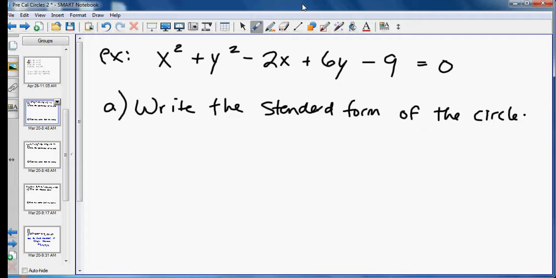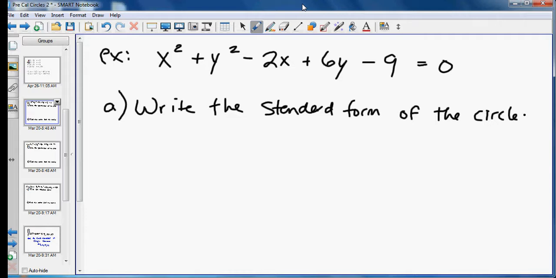That may seem like a pain right now, but the process is really exactly the same for all the examples I have. So the first step is to make sure we just have one x squared and one y squared. In other words, we don't want any coefficients in front of x squared or y squared other than 1, and we're good to go as far as that's concerned for this example.